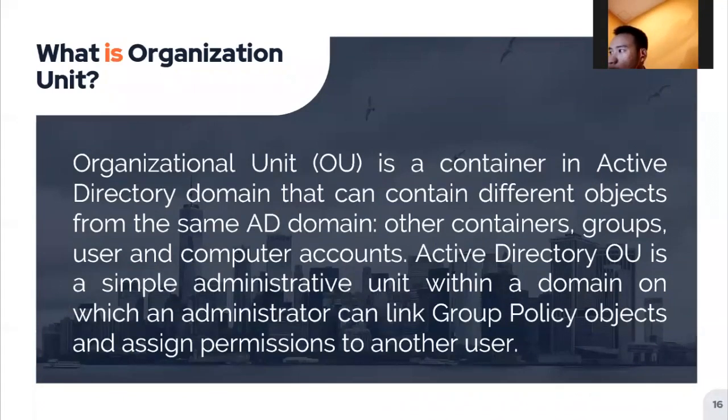Other containers group users and computer accounts. An Active Directory OU is a simple administrative unit within a domain on which an administrator can link group policy objects and assign permissions to other users.